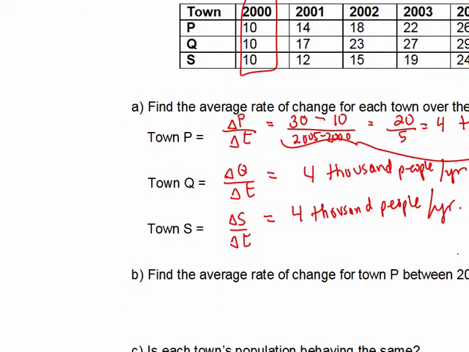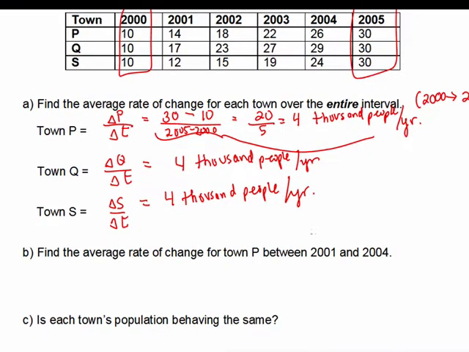So part B, find the average rate of change of town P between 2001 and 2004. So if I do town P between 2001 and 2004, there's 2001, there's 2004.